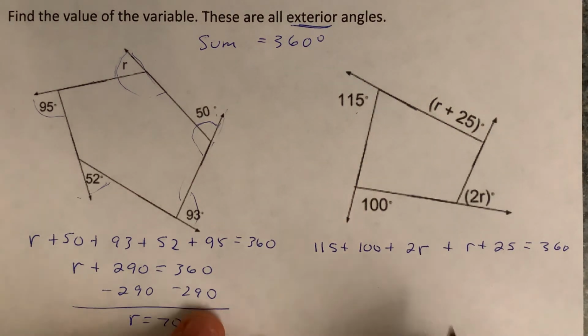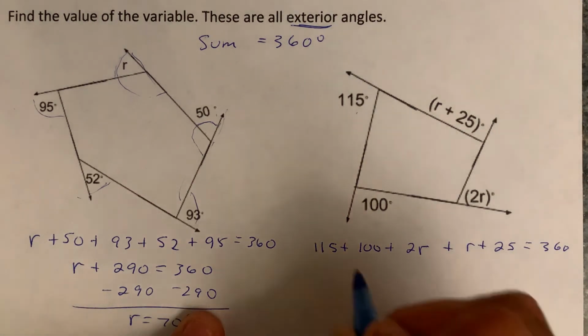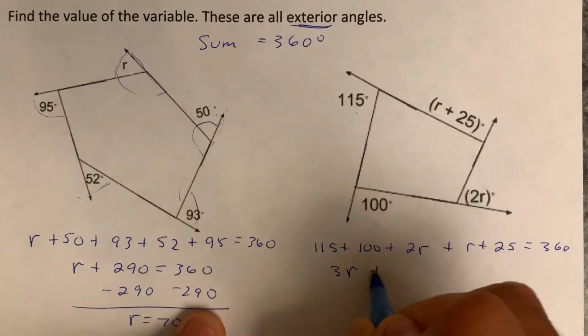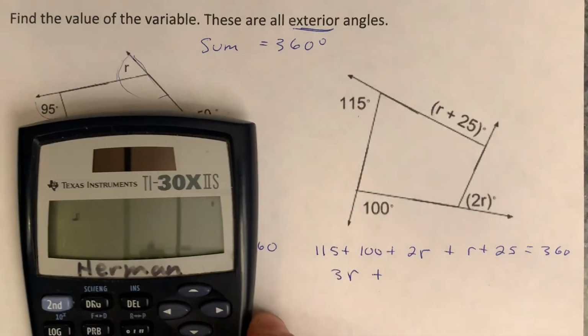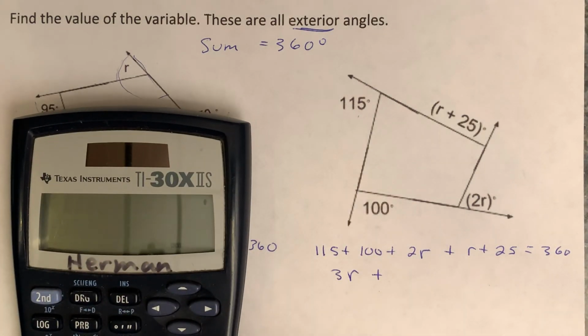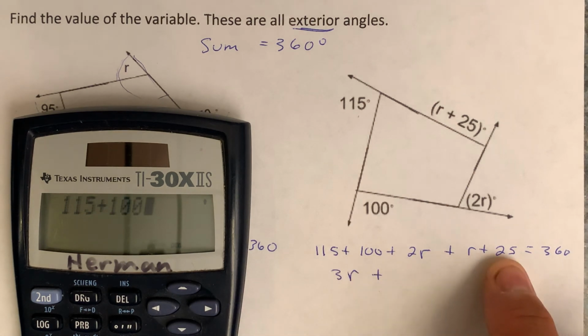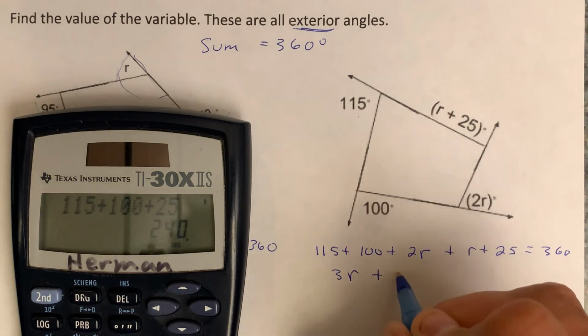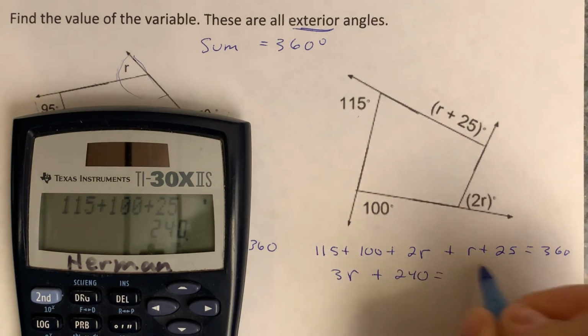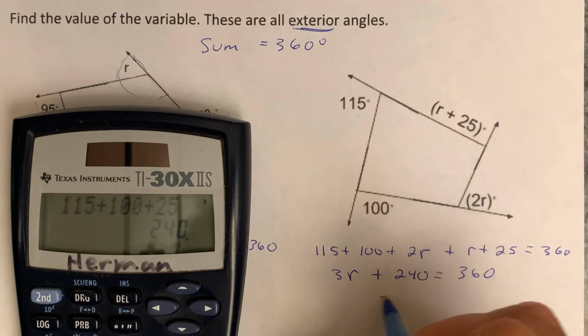And then we'll combine like terms. So I got an R and a 2R. That's 3R. Let's add these other ones up now. Over here, I guess. So we got 115 plus 100 plus 25. So 240. 3R plus 240 equals 360.